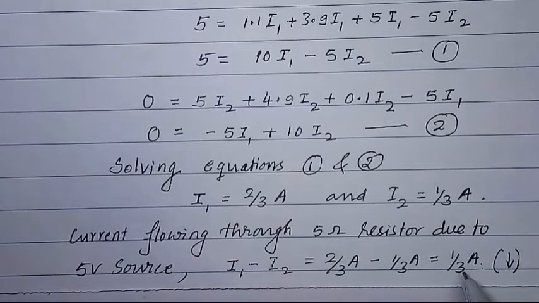Instead of getting positive sign here, if we get negative sign, then the current would have been flowing in the direction of I2. Now since current due to 5 volt source and 10 volt source both are flowing in downward direction, we have to add these two currents to get the total current through 5 ohm resistor.